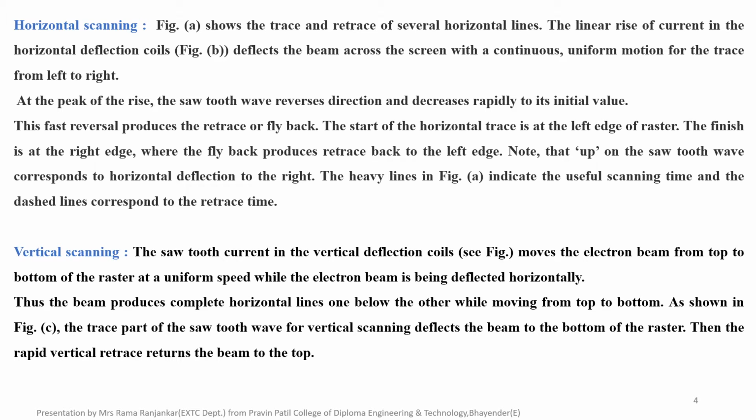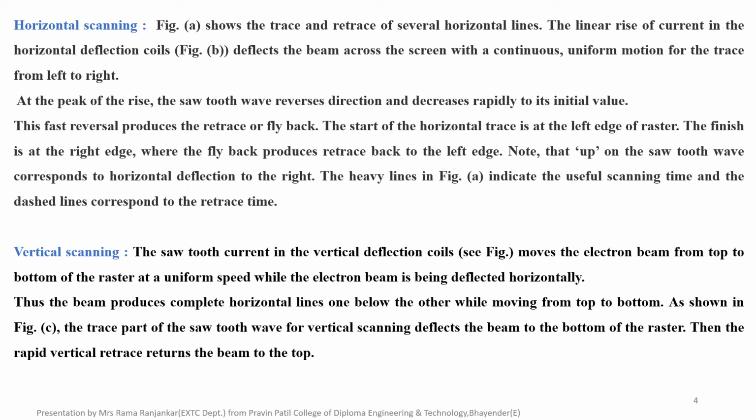Similarly, vertical scanning means scanning the screen vertically. The sawtooth current in the vertical deflection coils moves the electron beam from the top to the bottom of the raster at a uniform speed, while the electron beam is being deflected horizontally. So the beam produces complete horizontal lines one below the other while moving from top to bottom, as shown in the figure.